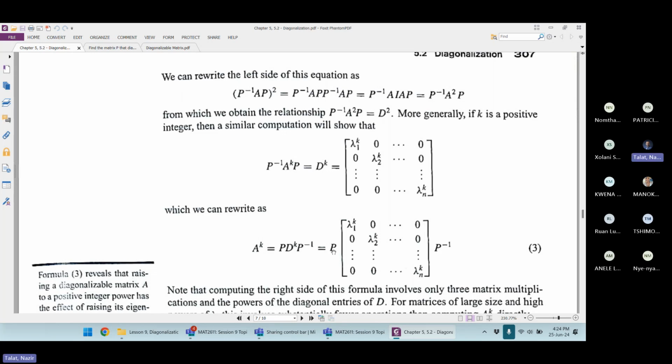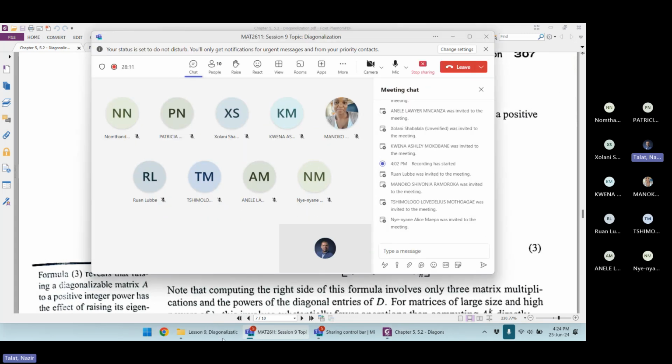D power k is coming over here and we can simply get this relation. And this relation is very important, as it gives us that we can find a power k, or a square or a cube, of A without multiplying A repeatedly, with the help of this relation.